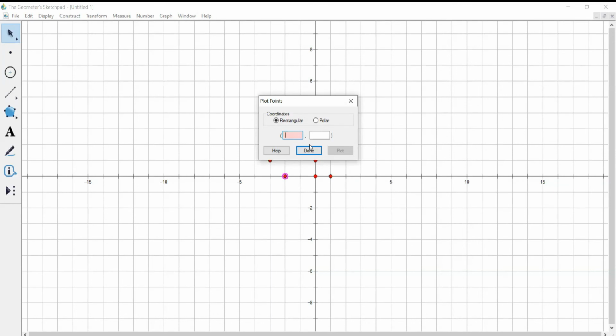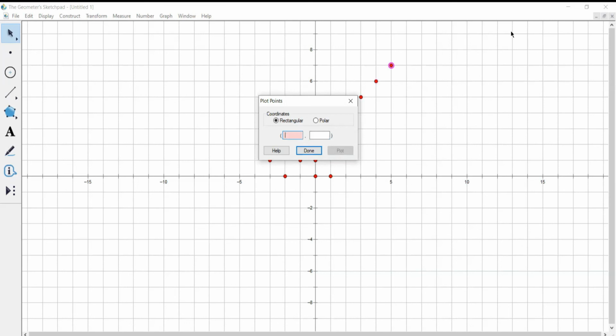Then the next point was 0, 2. Then we had 1, 3. Then we had 2, 4. Then we had 3, 5, then 4, 6, then 5, 7.